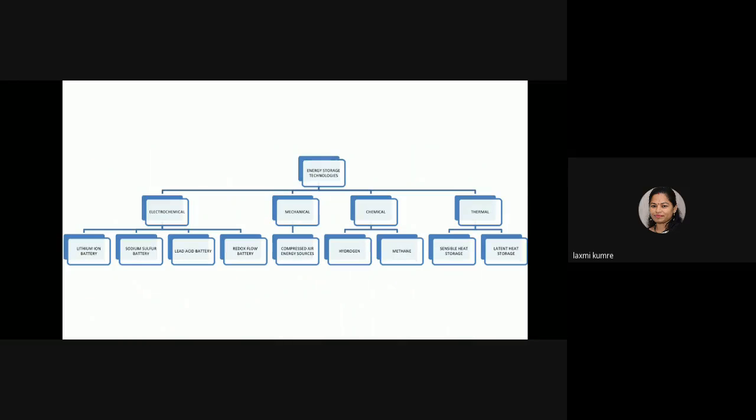Each of these technologies has its own properties. Electrochemical is further classified into lithium ion, sodium sulfur, lead acid battery, and redox flow. Mechanical is further classified into compressed air energy storage, flywheel, and pump hydro energy storage. Chemical includes hydrogen fuel and methane, and thermal includes latent heat storage and thermochemical energy storage.